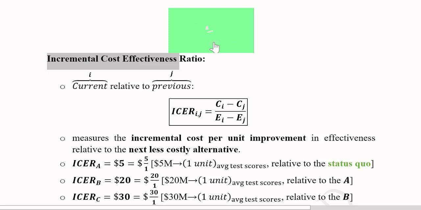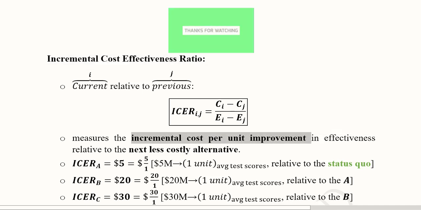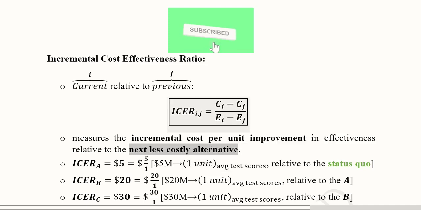It is known as the incremental cost effectiveness ratio because it compares two alternatives, ideally two consecutive alternatives, and sees the incremental cost per unit improvement in effectiveness as compared to the next less costly alternative. We will see this with the help of an example. Primarily, we should understand that I is showing the current alternative and J is representing the previous one.